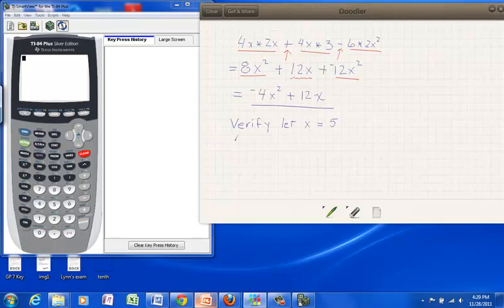So in the original expression, and I'll do that in the calculator.